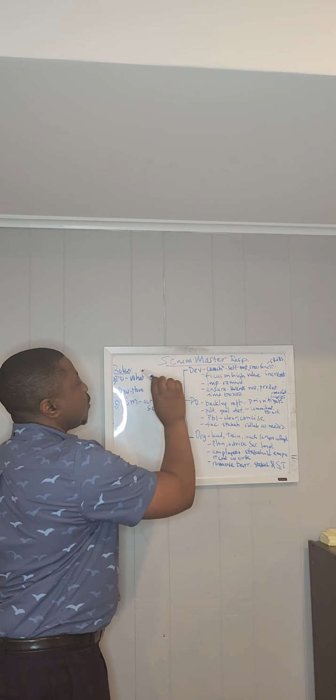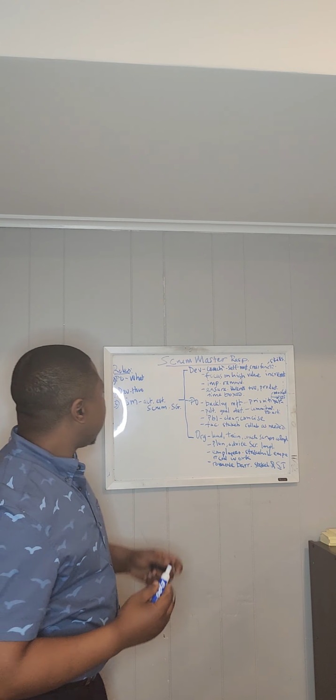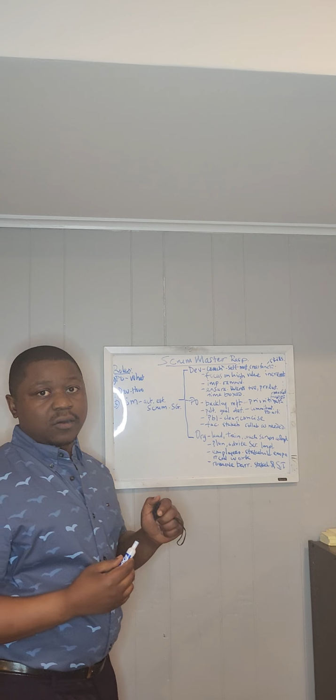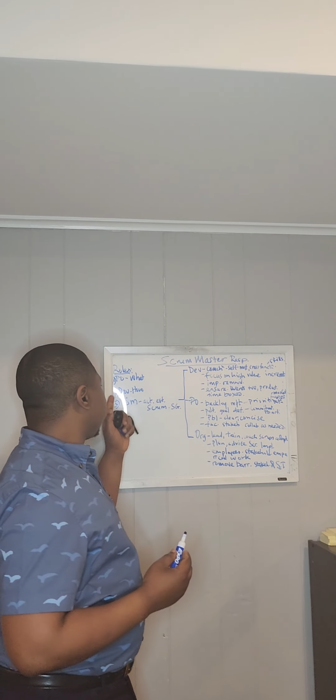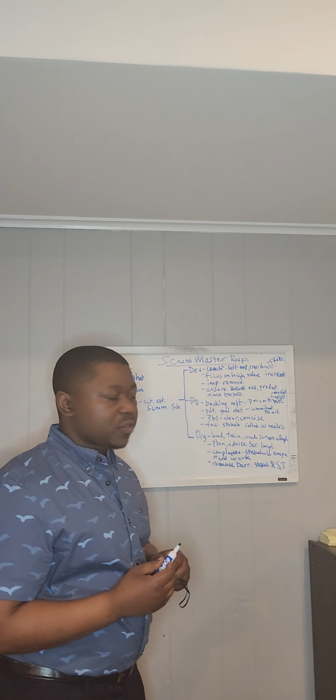So the Scrum Master is just one of the roles of Scrum. The PO is one of the roles, and the development team is also one of the roles. So the PO is responsible for defining the what after their collaboration with the stakeholders.